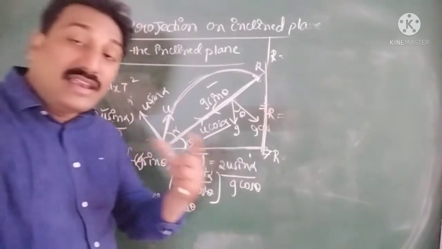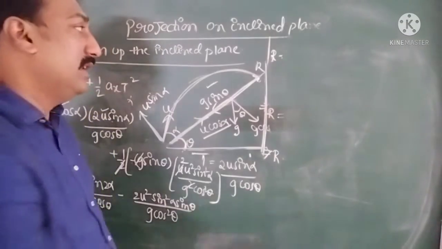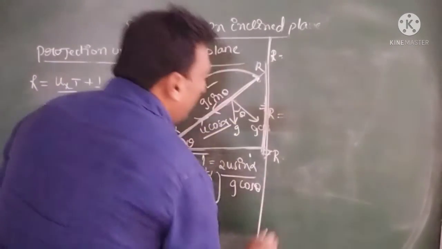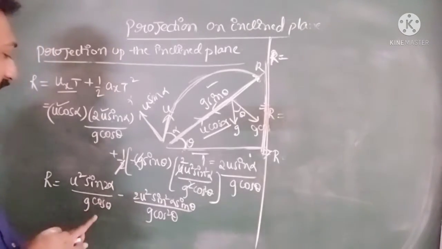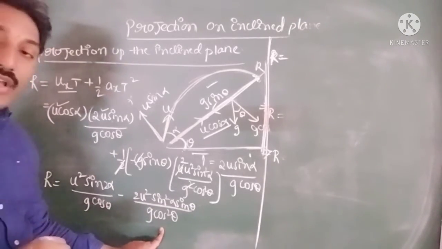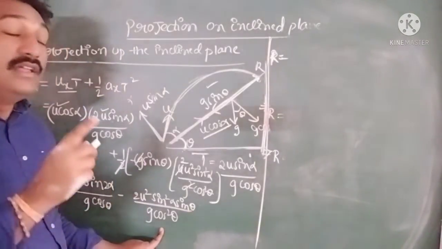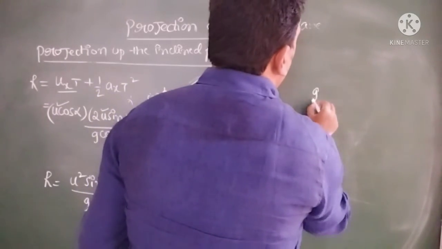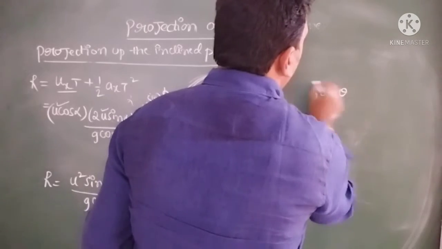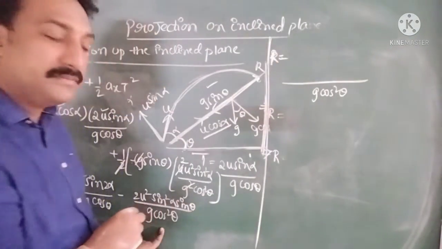So now let us simplify very clearly. This value of R, I can write with g cos theta here and g cos square theta here, so I can take LCM as g cos square theta.